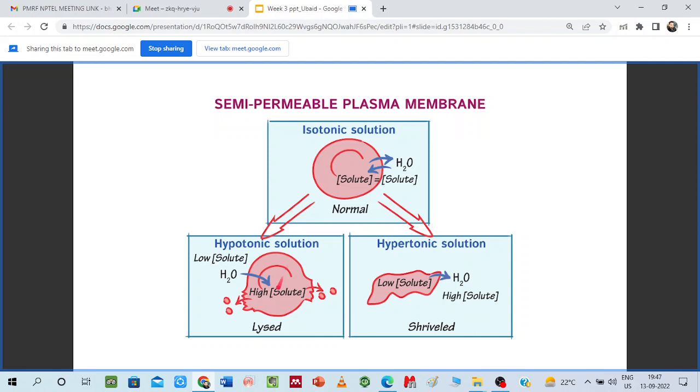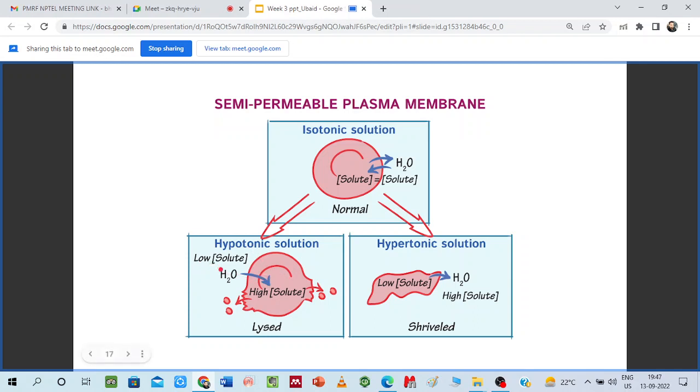Hypotonic solution is the condition where osmolarity is high in the cell, and here in the media it is low. So it is a hypotonic solution.